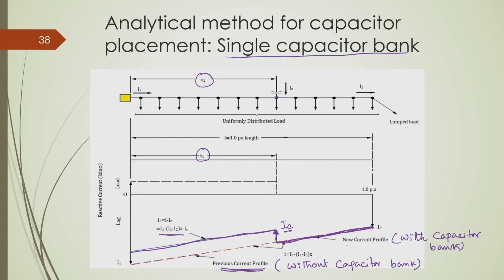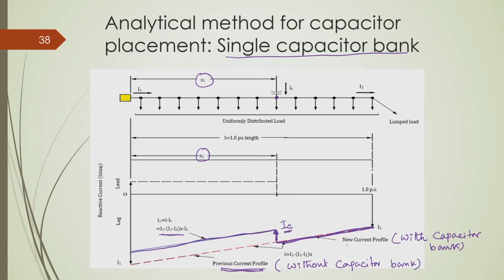So, due to this capacitive compensation, the reactive current is reduced by an amount I c from here to the substation end, and that is the advantage of this capacitor placement. I explained at the very beginning that with capacitor placement at some point, that much reactive current, or that much reactive power, we need not bring from the substation. Okay.